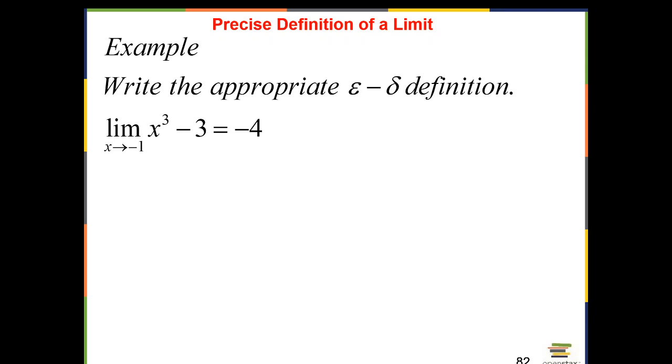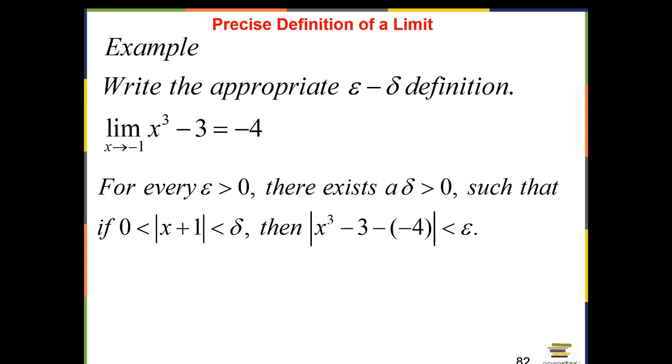And here's another example. How do we write it? Again, we write for every epsilon greater than 0, there exists a delta greater than 0 such that if, so this right here is our x minus a. Looks like that. So instead of a, we have to put negative 1.